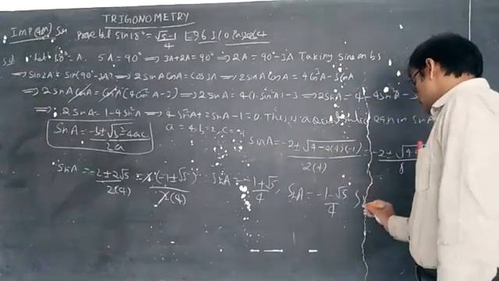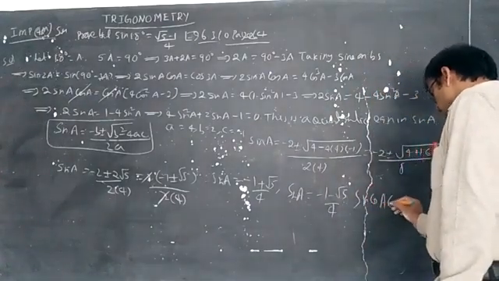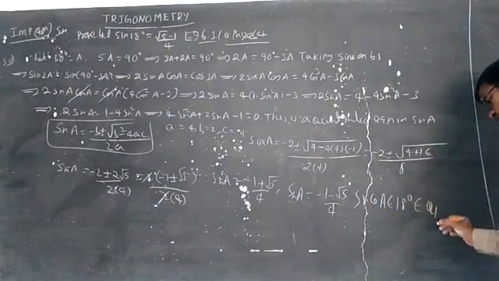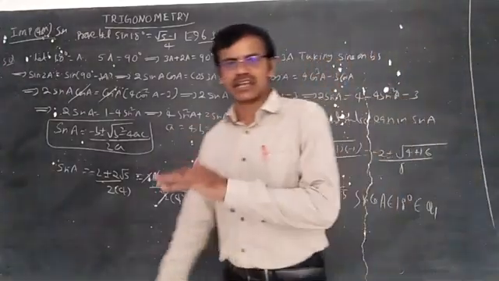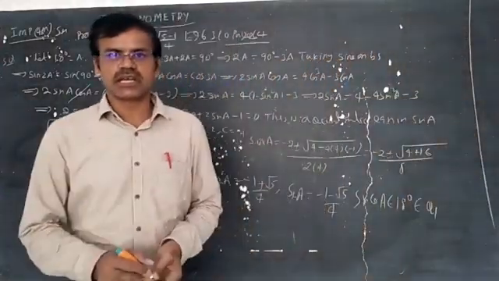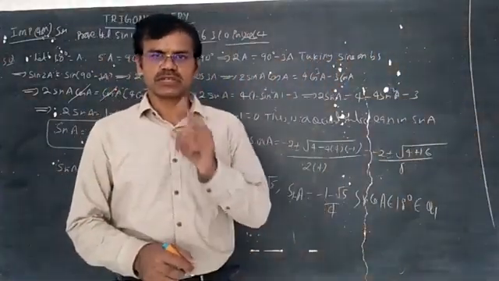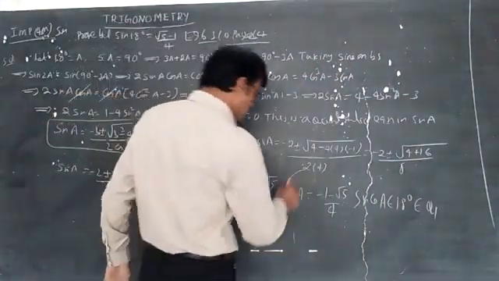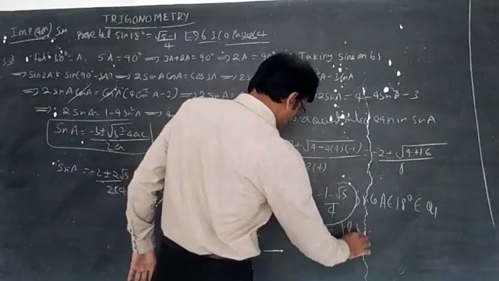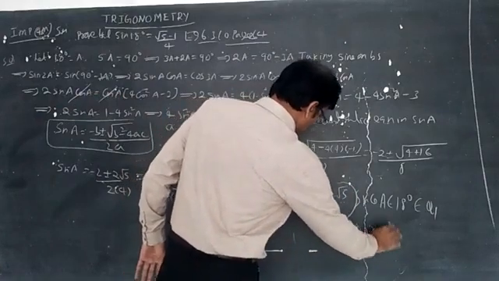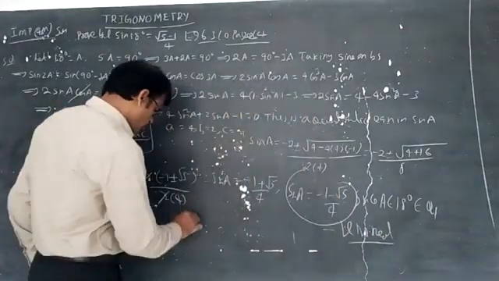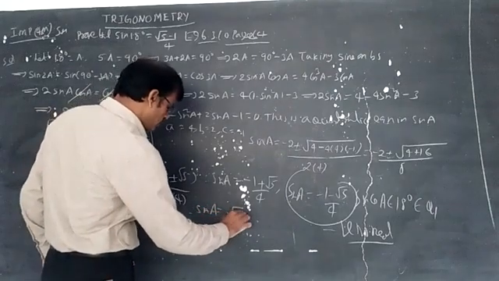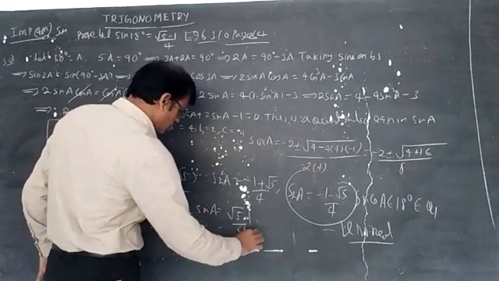But since A is 18 degrees, it is in Q1, because Q1 means 0 less than theta less than 90, it is in the first quadrant. So, whenever it is in Q1, you should not consider negative. Negative, no need. So, don't take this one. Therefore, sin A is equal to root 5 minus 1 by 4.